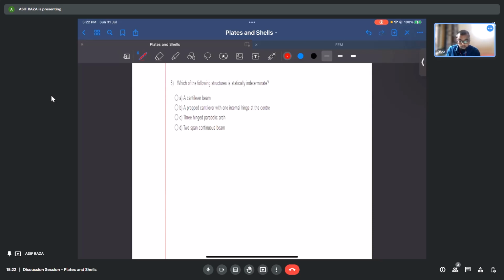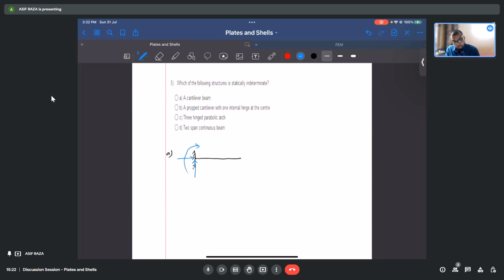The first option is a cantilever beam. So what are the unknowns in this? Vertical, horizontal, and one moment are the unknowns in this system.